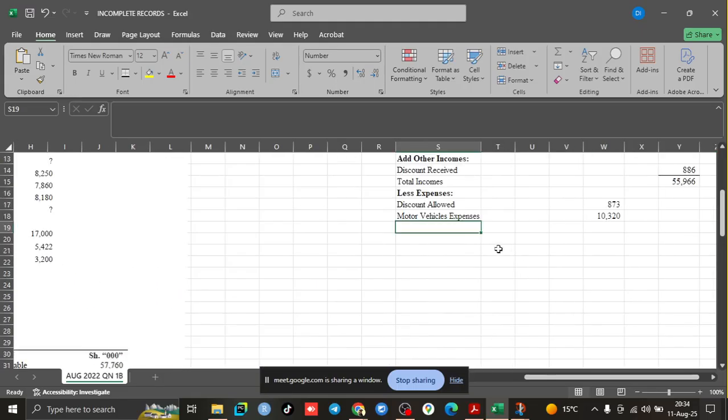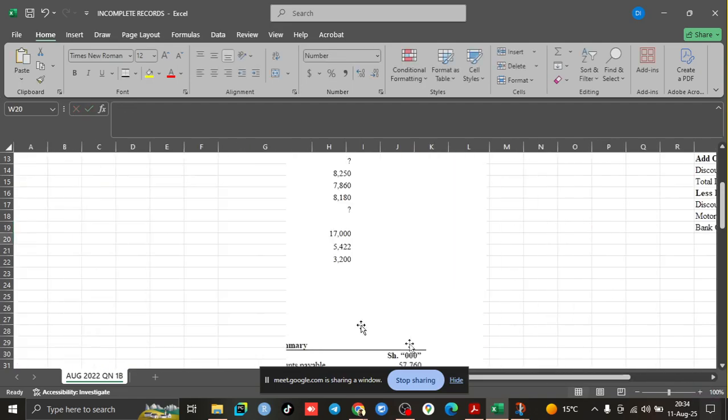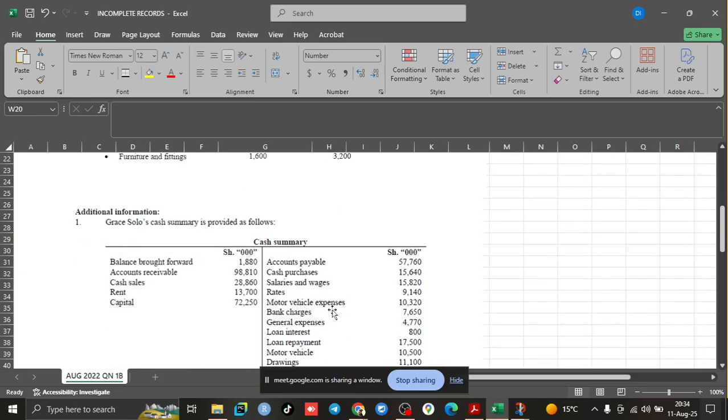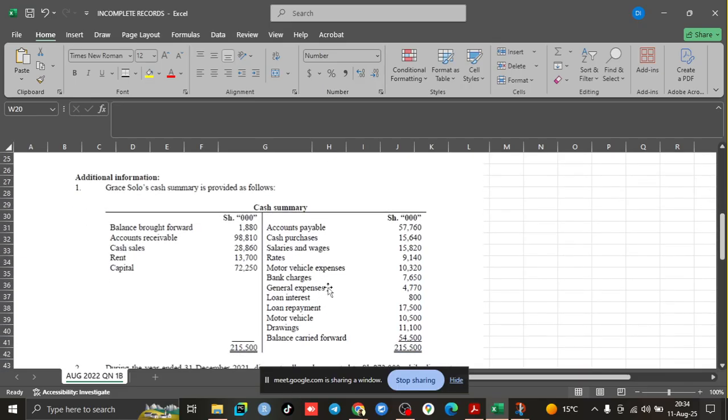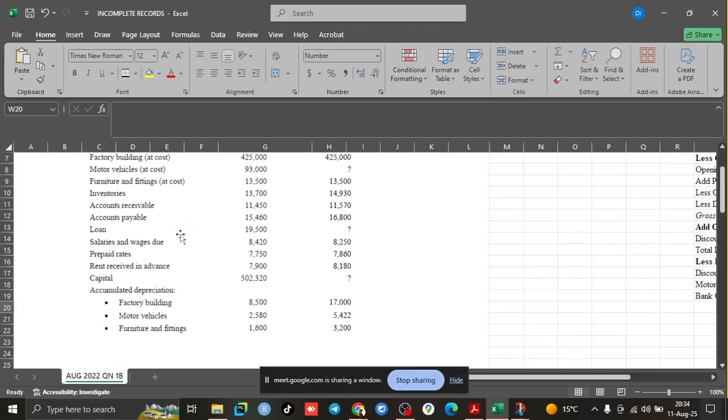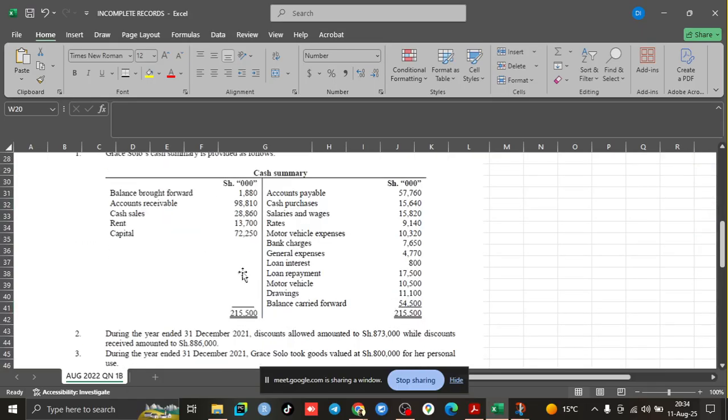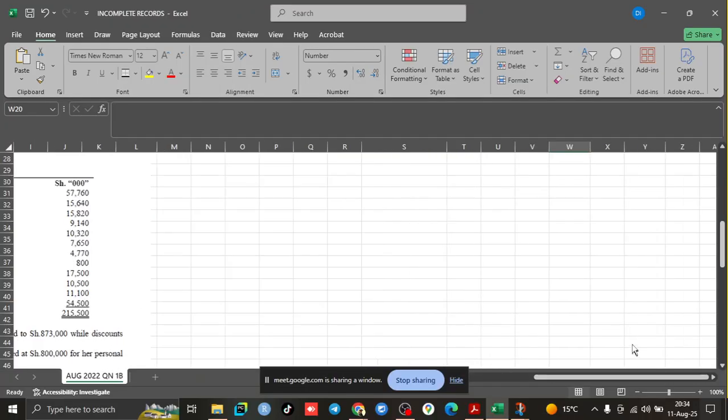Hiyo ni expense. Also we have general expenses. Kuna anything about general expenses? Sijaona. General expenses 4,770.